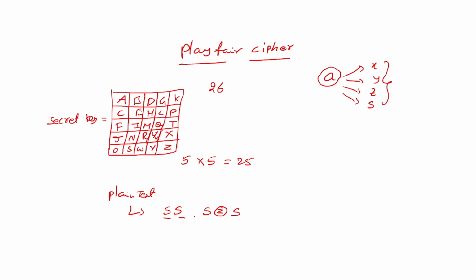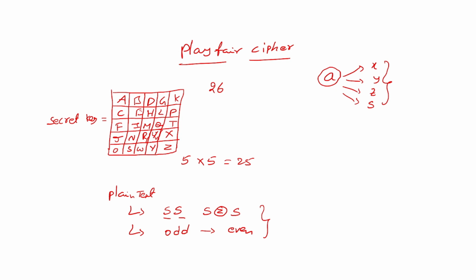Another thing is you need to check the number of characters in the plain text. If the number of characters is odd, then you need to make it even by adding a bogus character at the last position. So before encrypting the plain text, we need to check these 2 points.